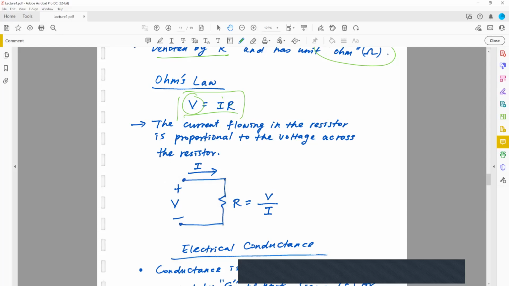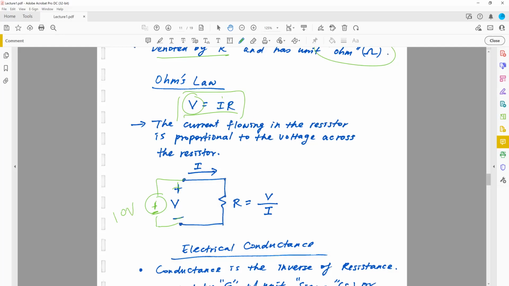So let's say I have this voltage source, plus minus, which is the same as this plus minus. Let's say numerically this is 10 volts. I apply this, and I look at how much current is going into this R. Let's say I measure the current and I see 2 amps.